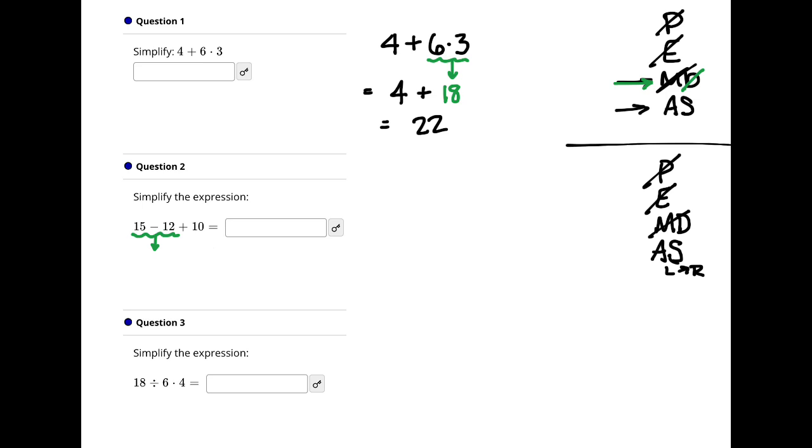We have to read it before we get to the 10. So 15 minus 12 is 3. So you replace it with the 3. Bring down the stuff we didn't use, so the add comes down and the 10 comes down. Add those up, you get 13.